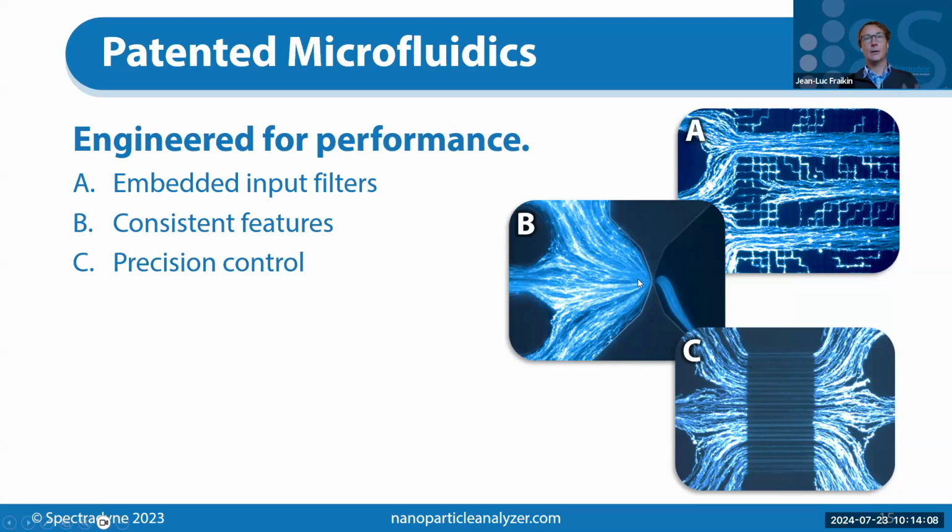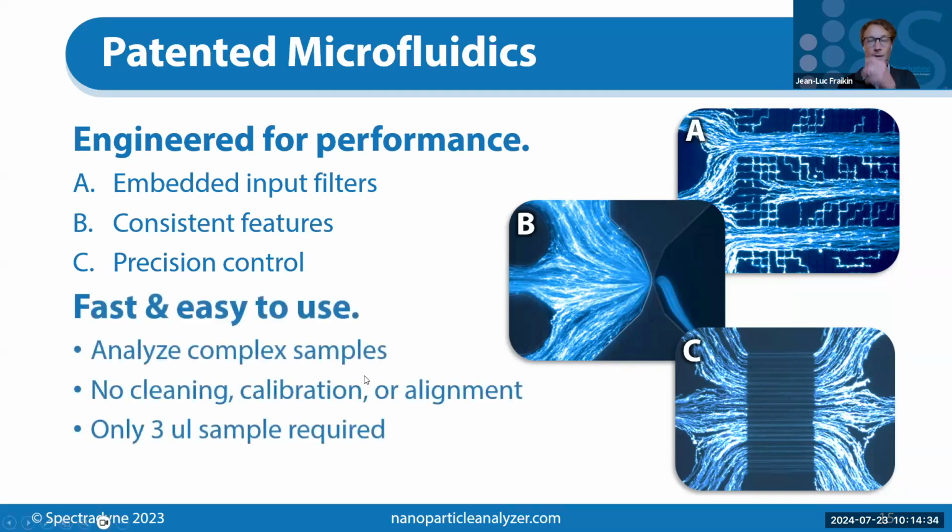In more simplistic implementations of RPS, the whole sample flows onto the sensing constriction, and that causes major clogging problems, right? Spectradyne's innovation has been to embed these filters into each cartridge so that you can analyze complex samples that contain large particles much more easily and practically, and still measure the nanoparticles in those samples.